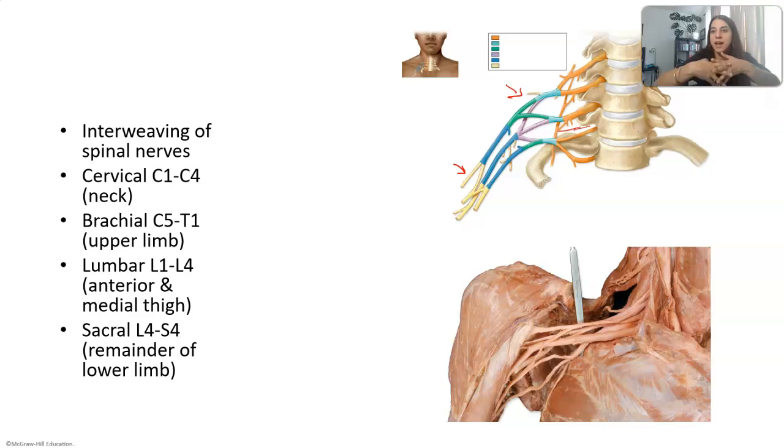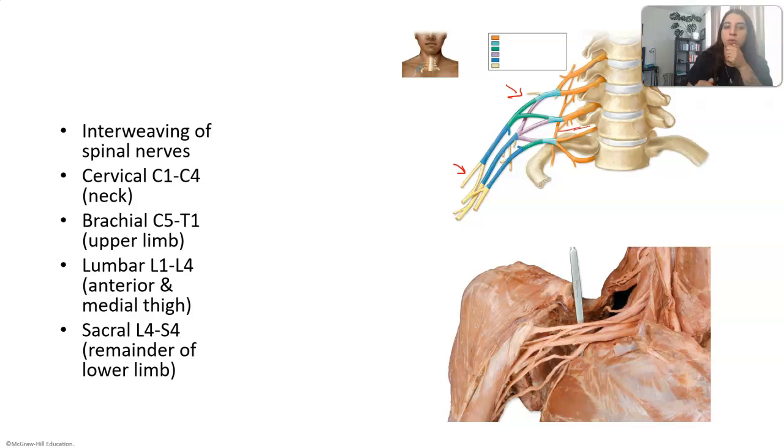Thousands of axons come together and merge into a particular nerve and then split into a different nerve. So you have this redundant way of innervating muscles of the limbs, as well as internal organs.